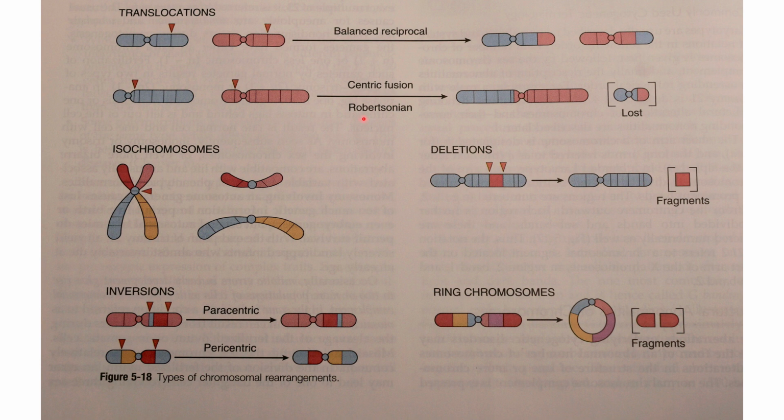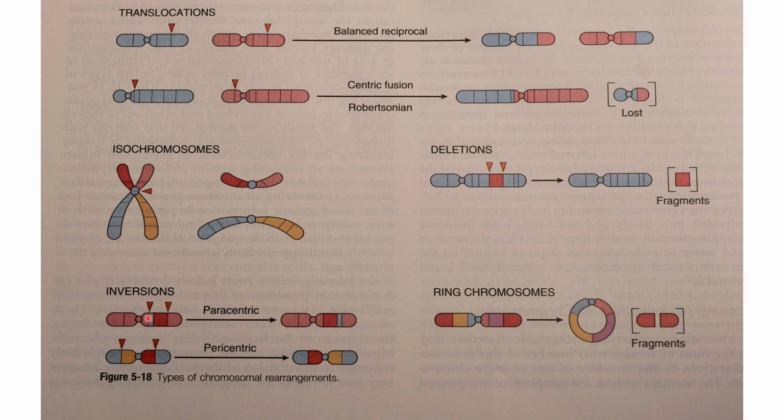This is called the Robertsonian change. Isochromosomes can break this way. You can also get deletions with the reannealing of the chromatid with a separate fragment. You can have inversions where these flip.